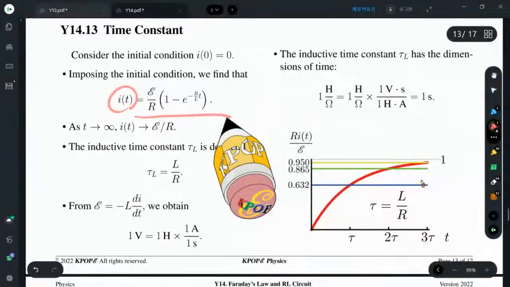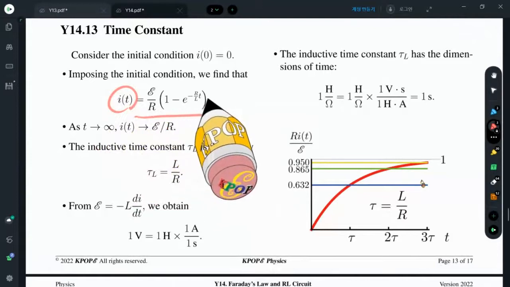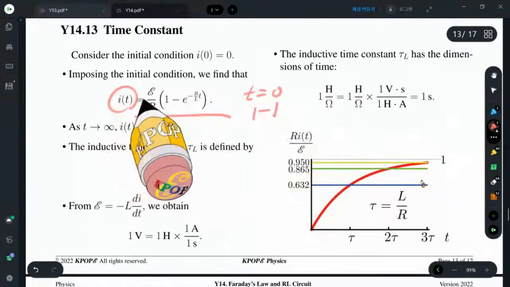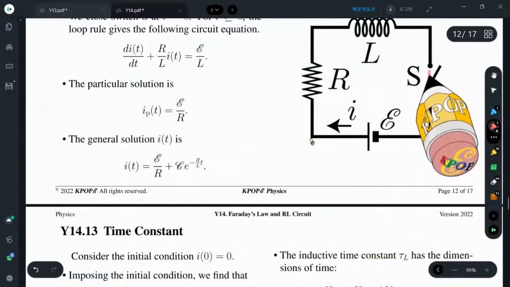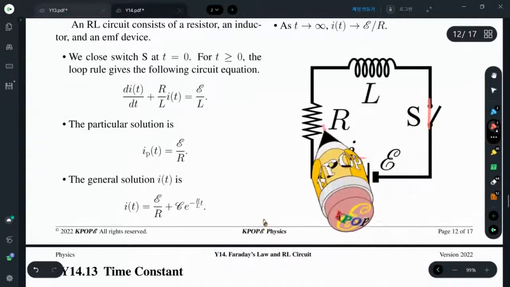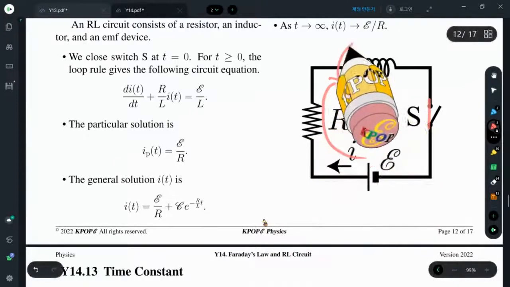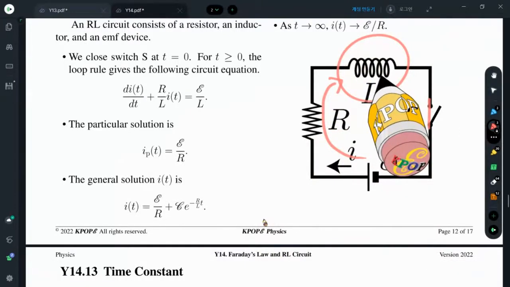At t equals 0, there's 1 minus 1, no current. If you close the switch, current starts to flow. However, this inductor prohibits the change in current.